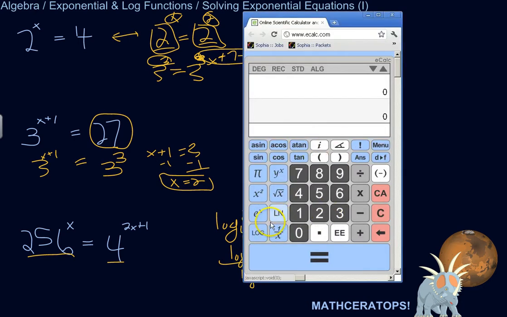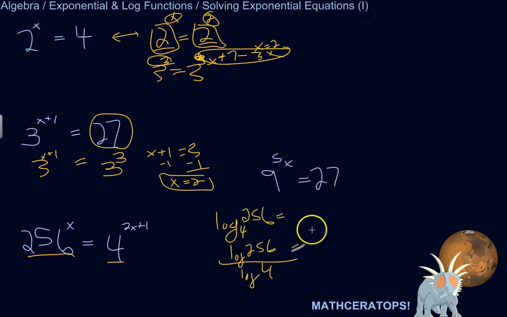Log 256, and that's base 10; if it just says log, that means base 10. 256 divided by log 4, it's 4. So that means 4 raised to the power of 4 is 256. So I'm going to rewrite 256 as 4 to the power of 4.